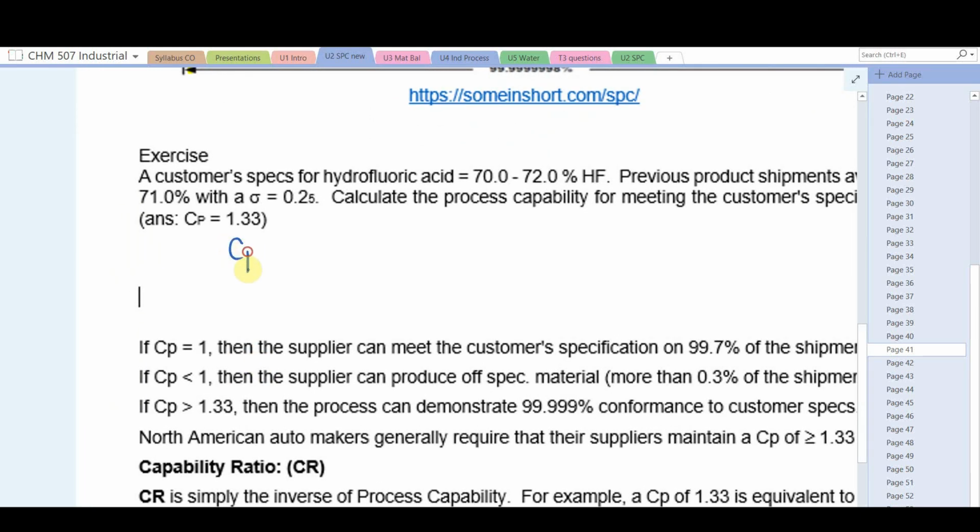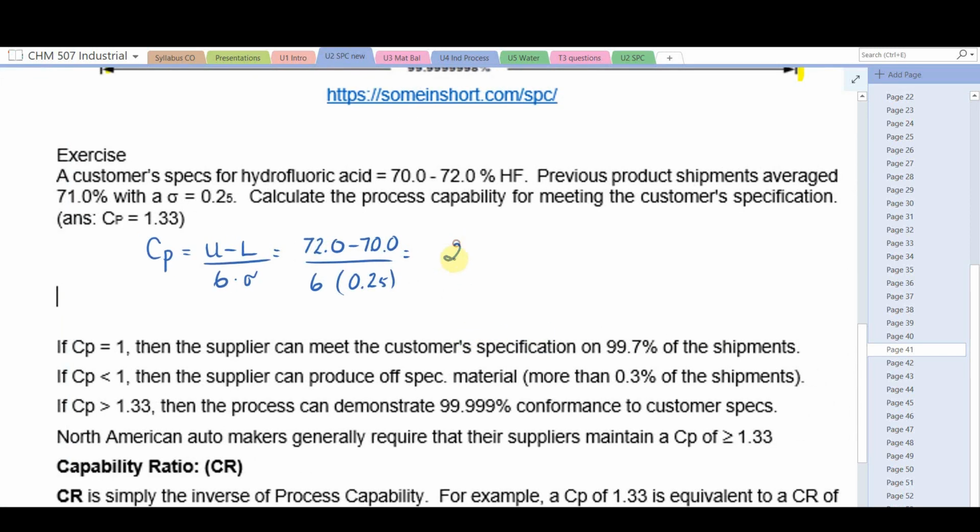So process capability, Cp, is equal to the upper specification limit minus the lower specification limit divided by 6 times the process standard deviation, 6 sigma. Okay, so we're given the upper spec limit, 72.0%, minus the lower 70.0%, divided by 6 times the population standard deviation, 0.25.